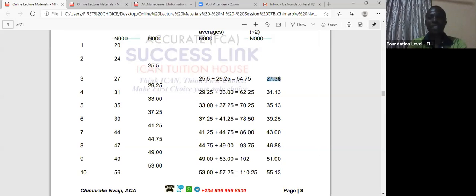So it gives you a negative figure because you have to say 27 minus 27.38. Now, this 44 is above the trend line. So this is going to give you positive. The same with this, giving you positive. So that's what we are saying.